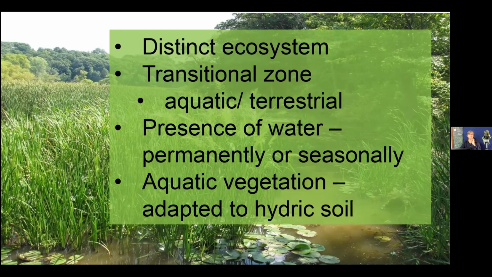That water is really important for certain animals. And then the vegetation, the plants that live in this hydric soil, hydric meaning it's very waterlogged, are specifically adapted to living in these conditions.